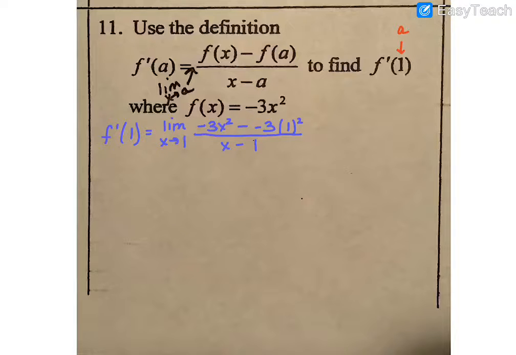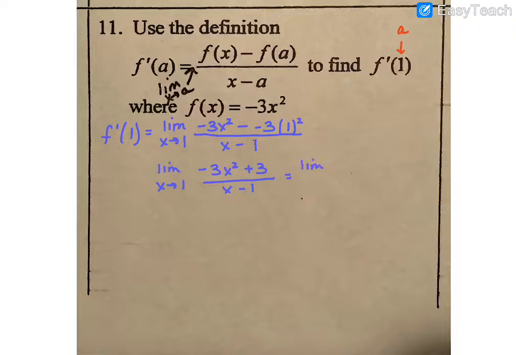I'm going to continue along with this. I'm going to clean up that top, and it is going to be negative 3x squared minus a negative, which is going to make it plus when I multiply by 1 squared, so plus 3, over x minus 1. If I continue, I see that there is some factoring to do.